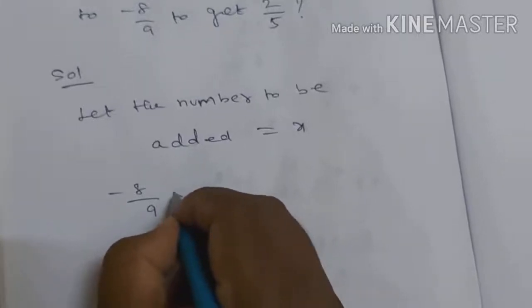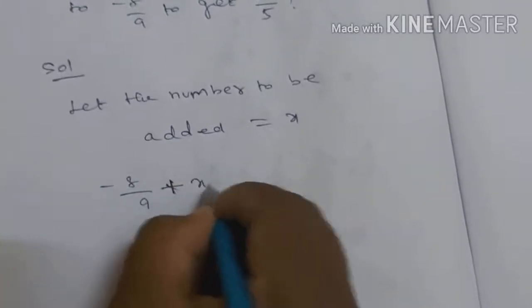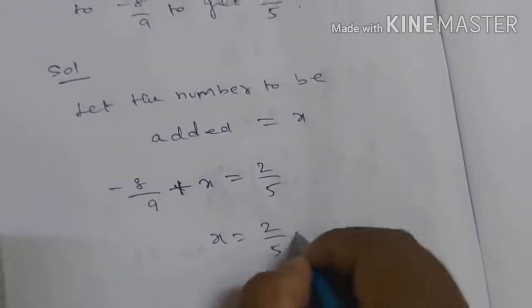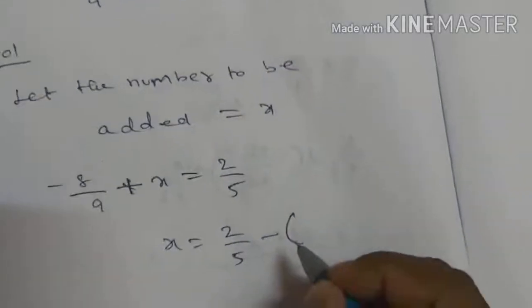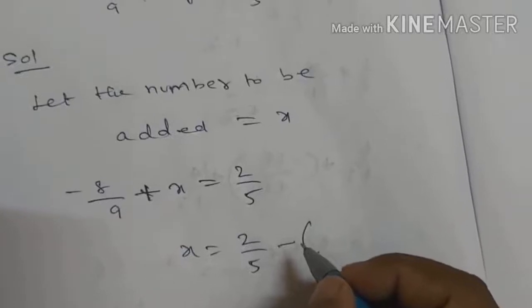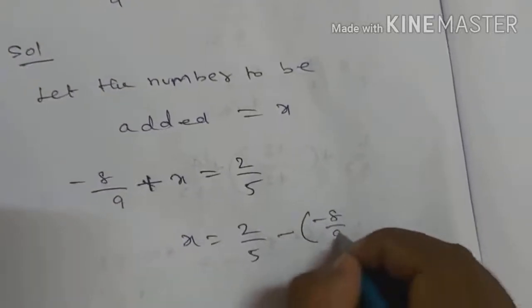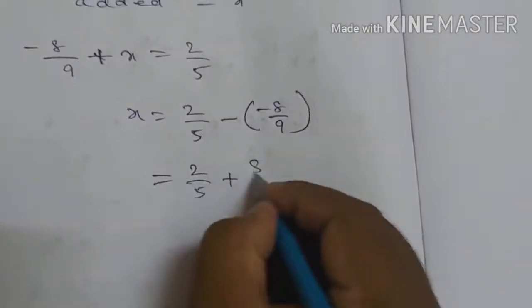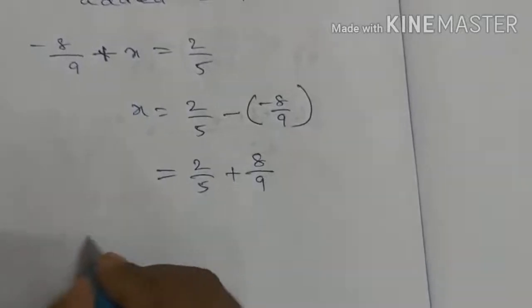So minus 8 by 9 plus x equal 2 by 5. So x value is 2 by 5, minus change it to plus, so minus of minus 8 by 9, so equal 2 by 5, minus into minus plus 8 by 9.